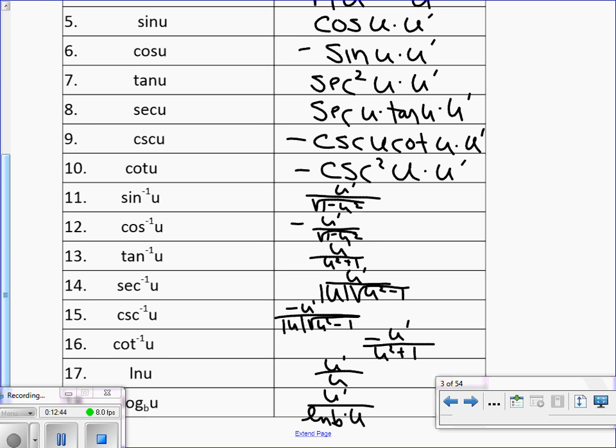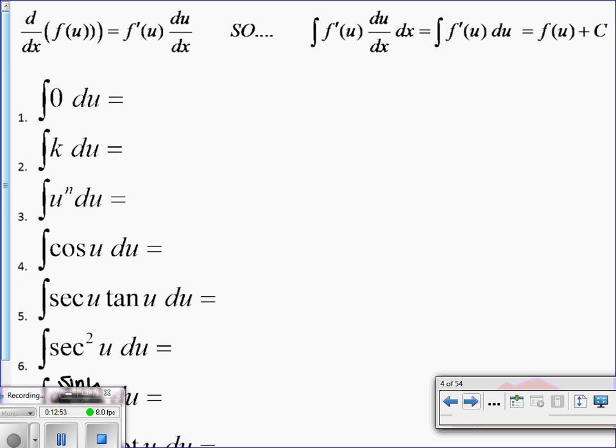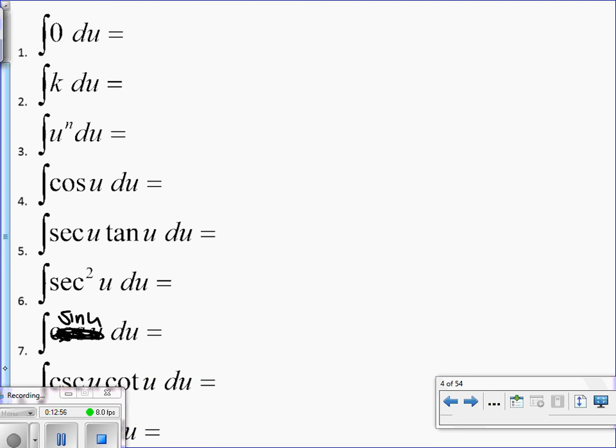Is anyone having trouble? Anyone need to see anything else? Yeah, that one I made a mistake. So it's 7 sine u, because I put cosine u twice.